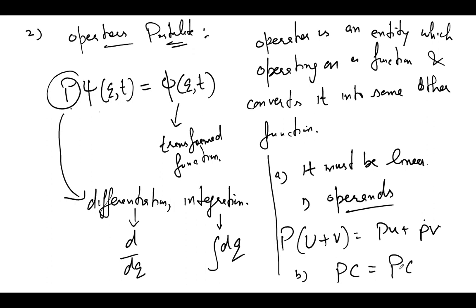In quantum mechanics, we are mostly concerned with these linear operators. That is, we will generally apply these differentiations and integrations to our different functions. So the next postulate, postulate 2, is that our operator must be Hermitian.